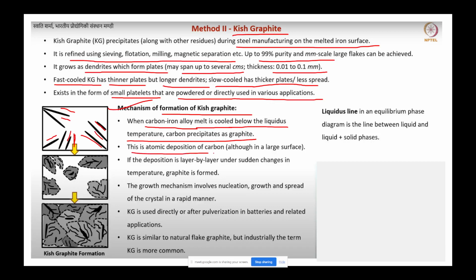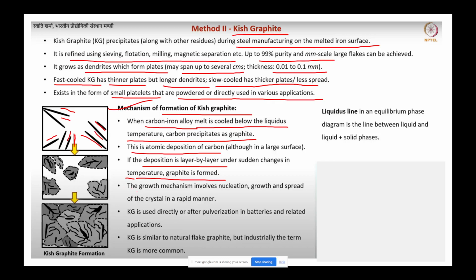This is atomic deposition of carbon. How will this deposition take place? It will be layer by layer under the sudden change in temperature, because we are going from a higher temperature to below the liquidus temperature. In this way the graphite starts to form. So this is how the formation of Kish graphite will happen.